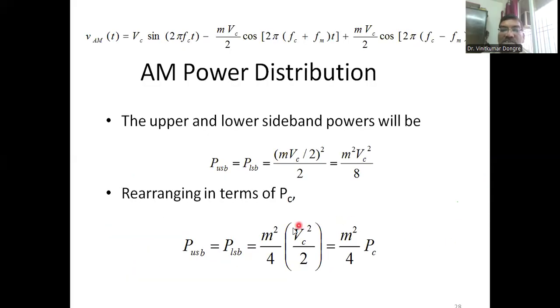So VC square by 2 is nothing but PC. Simplified, this is M square by 4 into PC. So this is your upper sideband and lower sideband power. The modulation index M is there, the carrier power PC is there: M square by 4 into PC.